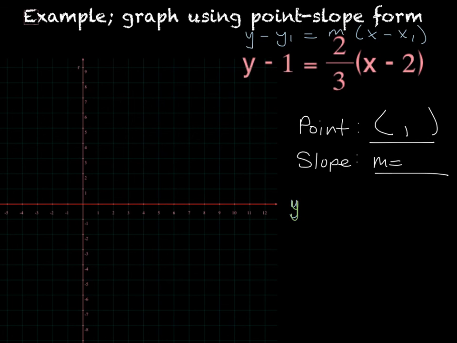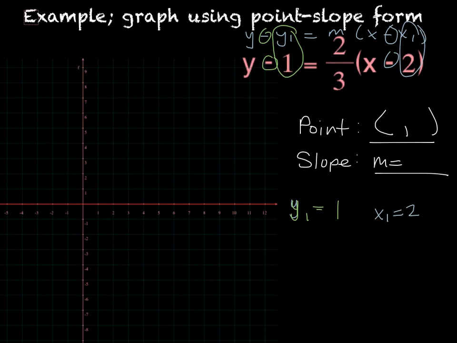My y1 is going to be equal to the thing that matches up with it. And since they're both minus, it matches up with exactly what it is. So y1 equals 1. And then the other part is my x1. Again, both minus, minus. So my x1 is going to be 2. x1 equals 2.